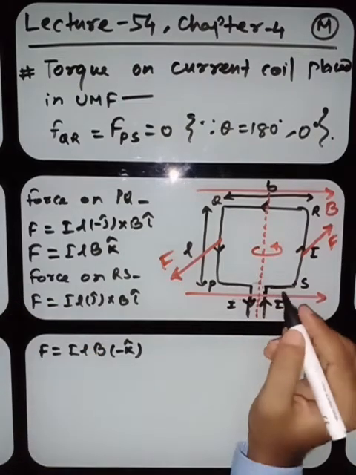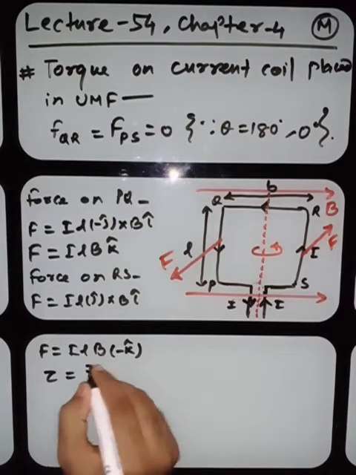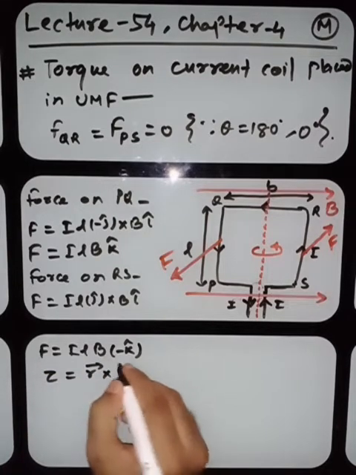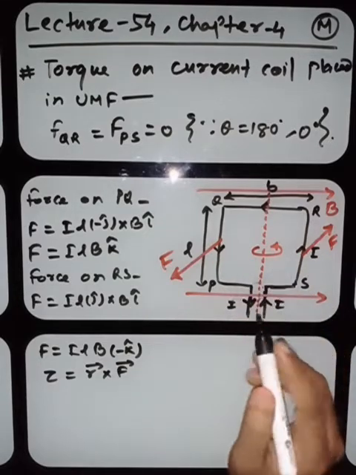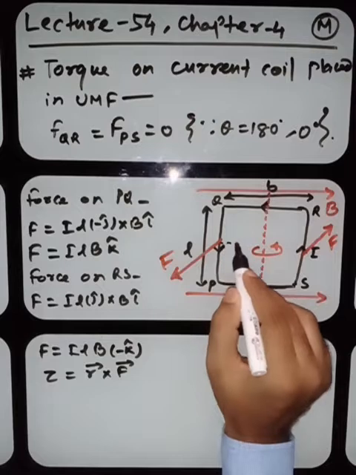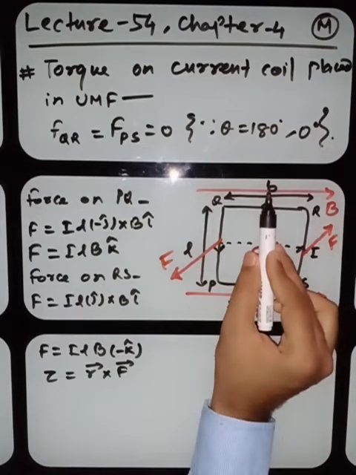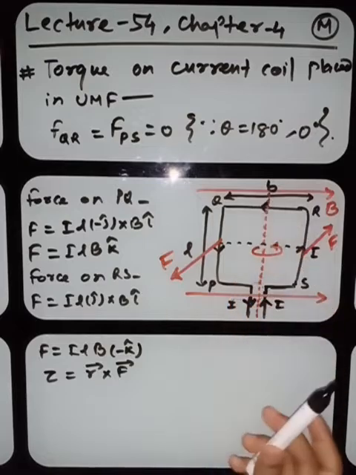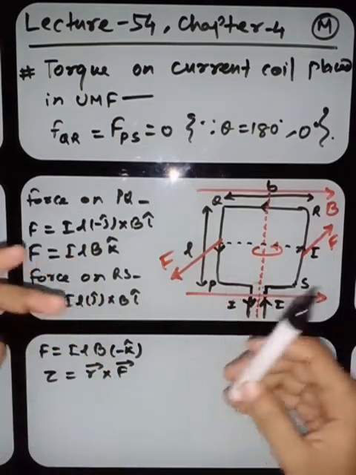Remember, we know that the torque is R cross F. All right, here the two forces are there, so the two torques will act. Let me draw this one. From here it is rotating, so this will be the axis of rotation. Try to recall what you have studied in standard 11 about the torque in rotation.